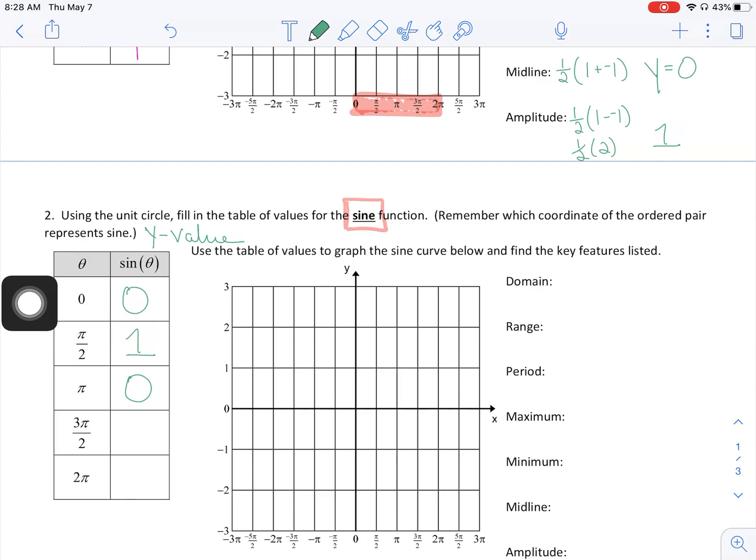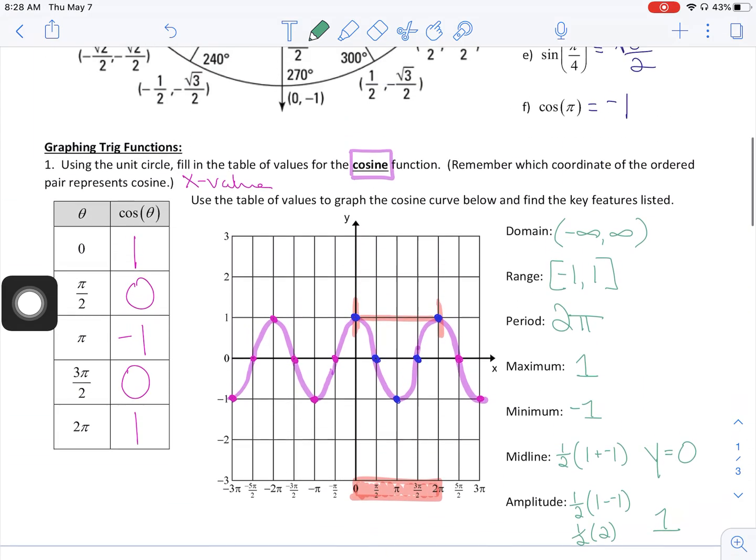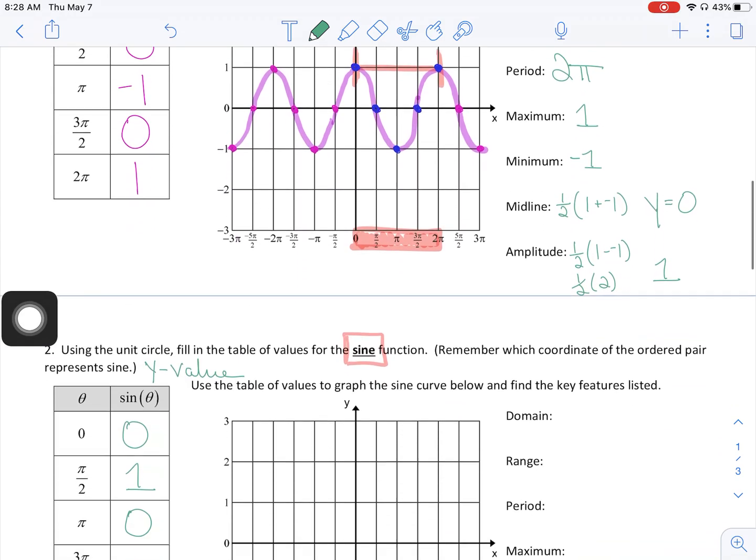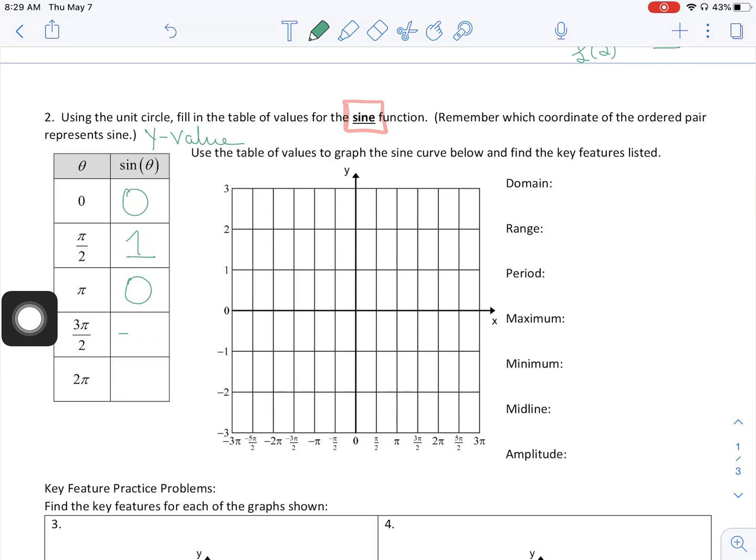3 pi over 2 is my next radian. It's down at the bottom of my unit circle, so right here. 3 pi over 2, the ordered pair is 0, negative 1. The negative 1 is the sine value. All right, one more time back up to the unit circle, but this time I need 2 pi.